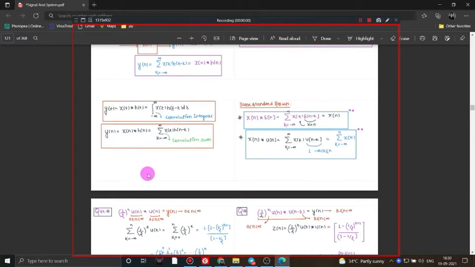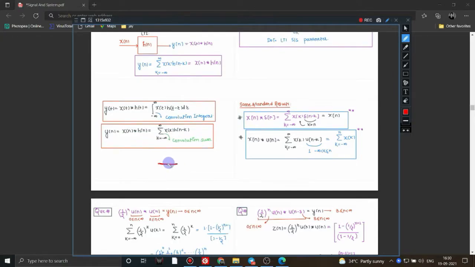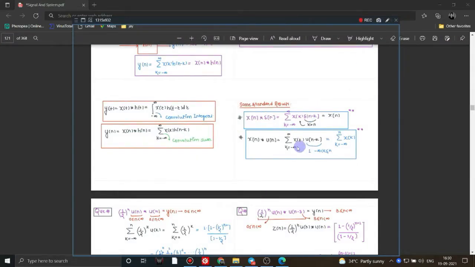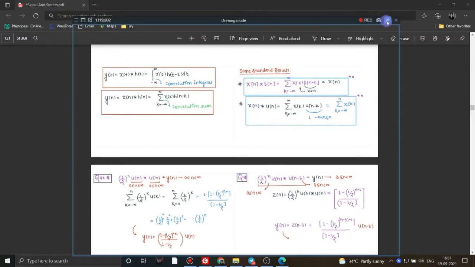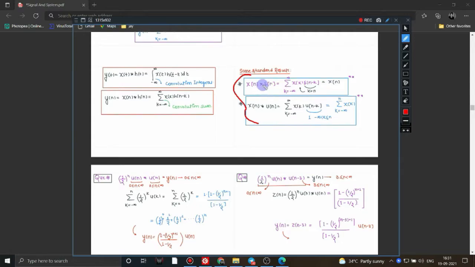Running summation means sigma, where the infinity end is fixed and the other end is variable. You have to remember both of these terms. These two are the most basic ones that we have to remember.